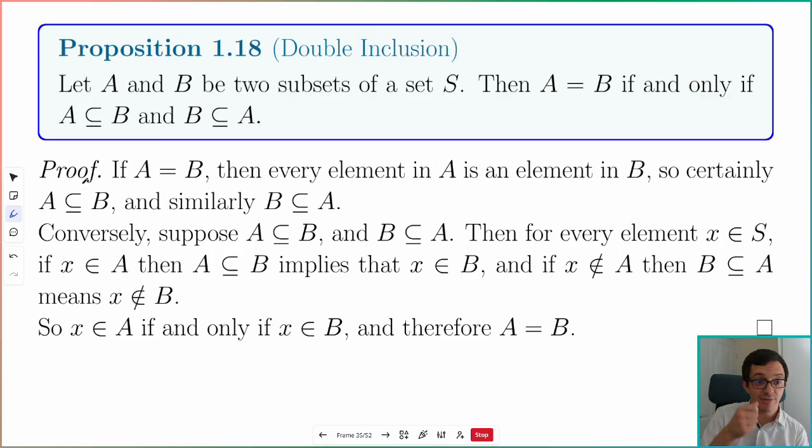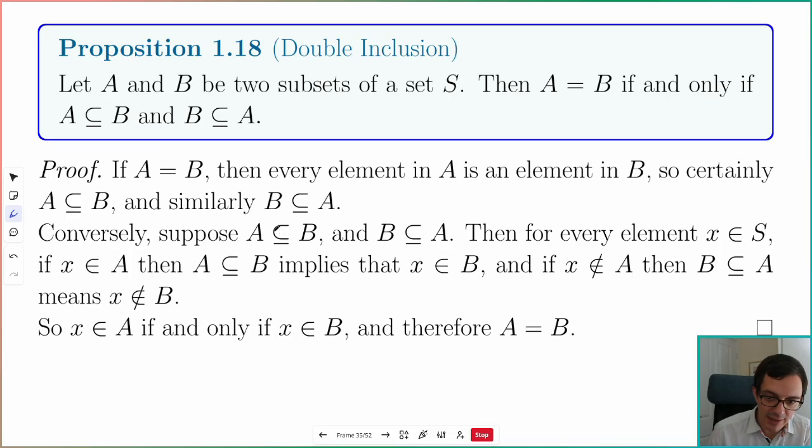So this is using our definition before about the elements and saying you can write that as A is a subset of B. It matches the definition. And the other half of our definition, that every element of B is an element of A, means that you have B as a subset of A. It's an if and only if statement up there, so I need to go the other direction as well, which says, suppose that you have this double inclusion property.